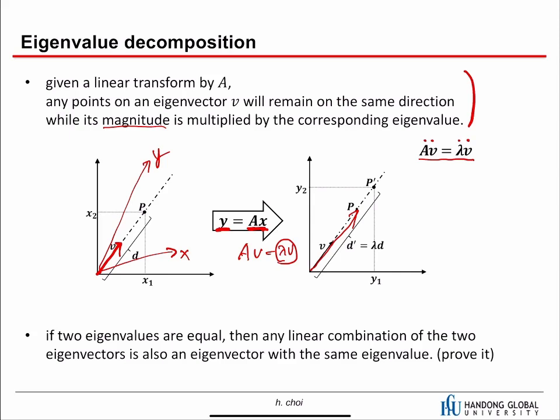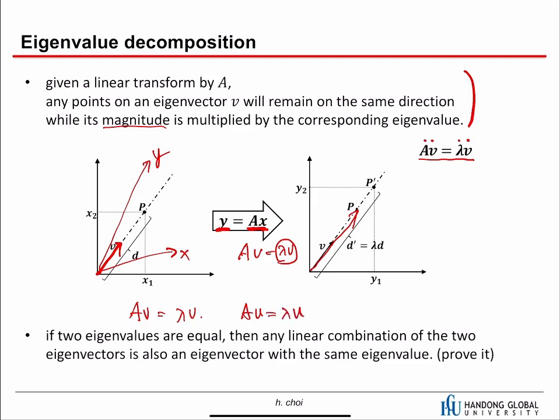Here's a simple exercise to check if you understand eigen decomposition, eigenvalues and eigenvectors. If two eigenvectors share the same eigenvalue lambda, then any linear combination of the two eigenvectors is also an eigenvector with the same eigenvalue. Let's say AV is lambda V, and AU is lambda U, where V and U are eigenvectors sharing the same eigenvalue.